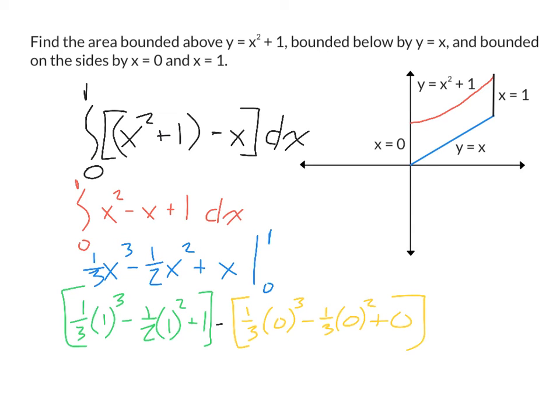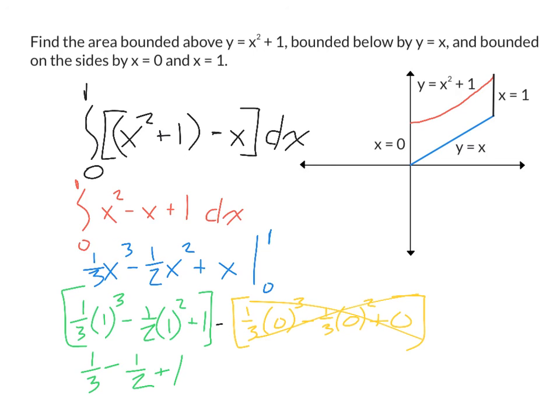So everything in yellow here, we multiply by 0, and then we take 0 plus 0 plus 0, so it's basically a nothing burger. Over here in the green, 1 cubed times 1/3 is simply 1/3. 1 squared times 1/2, we get our minus 1/2, and then plus 1.